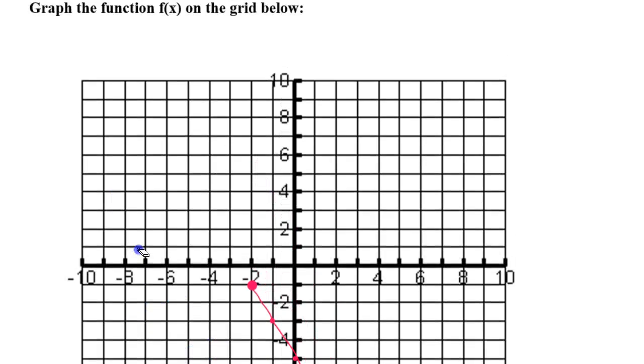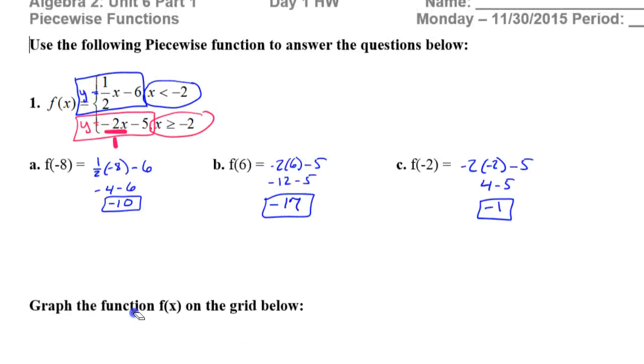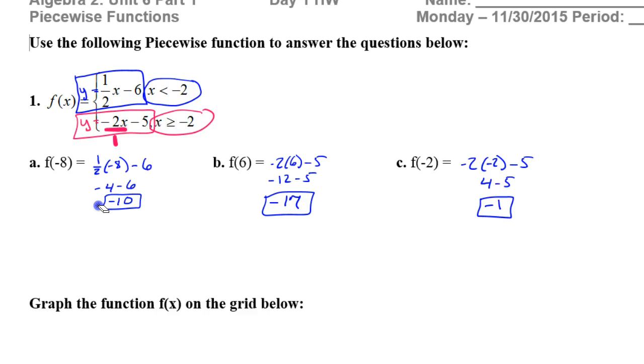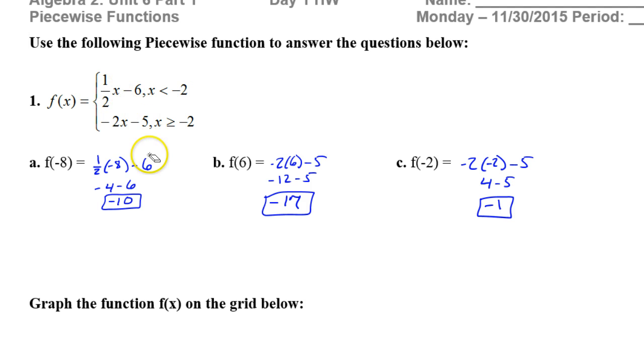Before I end this video on problem number 1, let me point something else out to you. We evaluated the function using the equation, and we got these values. But for values that are on the graph, you should also be able to use the graph if you graphed it accurately. So let's go ahead and take a look at that. So for example, f at -8. Let's see what that looks like.